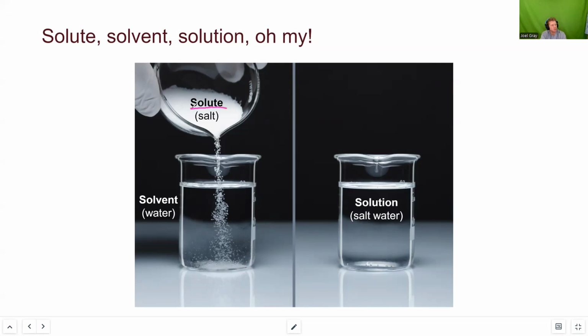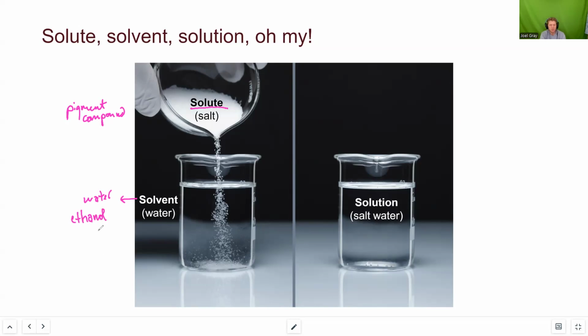The solute would be, for food coloring, the pigment compound. And then the solvent, well, it kind of depends, but chances are the solvent is either going to be water or sometimes ethanol or something like that.